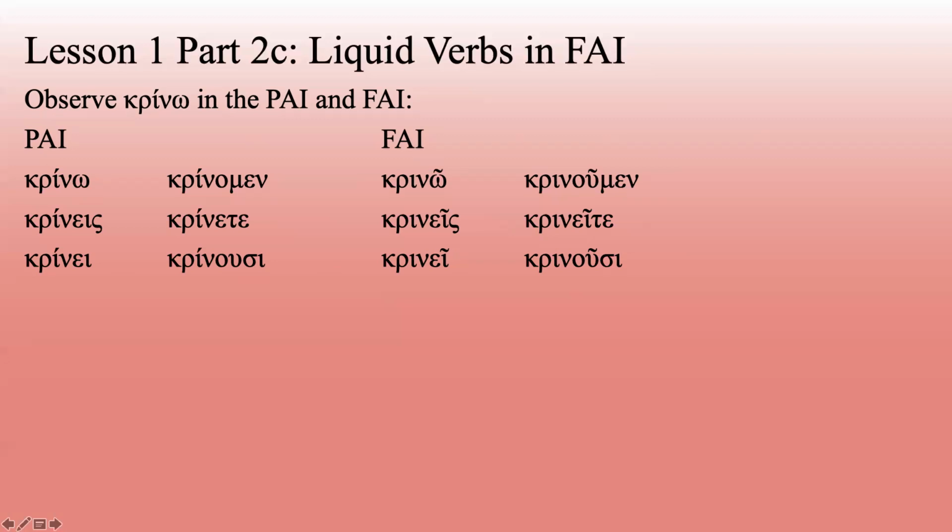Now, I don't want to get into all of the crazy specifics of exactly what has happened here, because that's just a little bit beyond where we are right now. You'll learn some rules of contraction about halfway through Greek 2. Technically, what's happening here is called contraction. What I'm concerned about you knowing here is that there should have been a sigma after the nu.